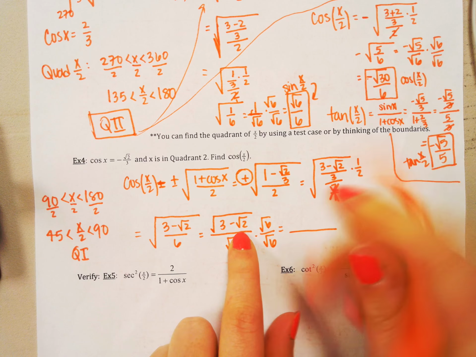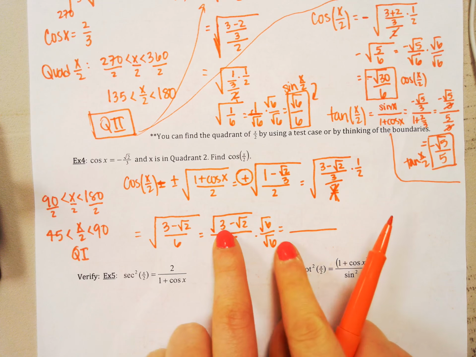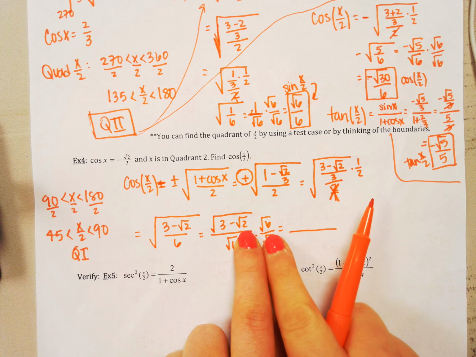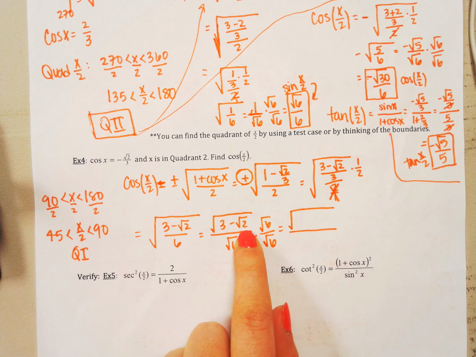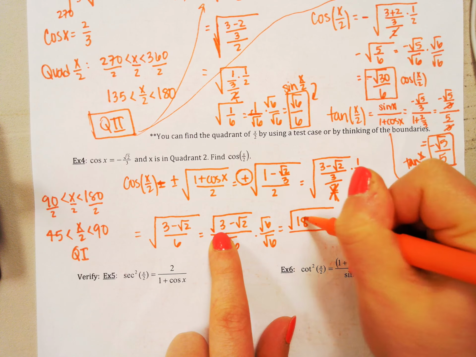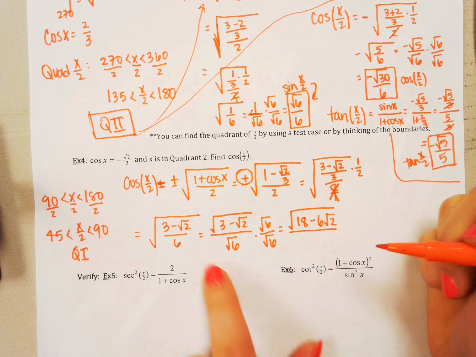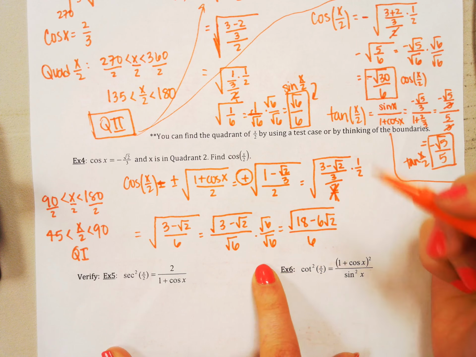So when we multiply the insides together, ignore the square root. You're multiplying 3 minus root 2 by 6, all under this big square root. So we'll have 3 times 6, which is 18, and root 2 times 6, which is 6 root 2. And then that's all over 6, root 6 times root 6, which is 6. And that's your final answer.